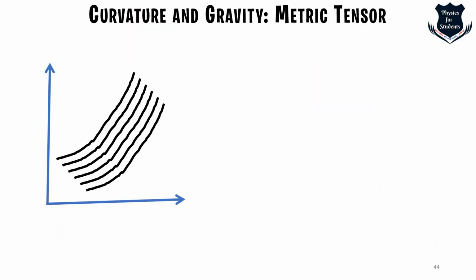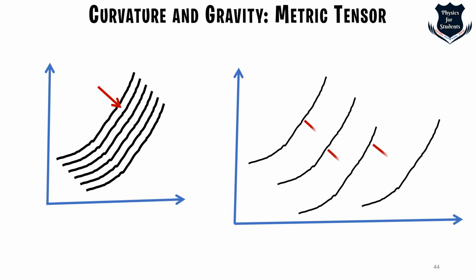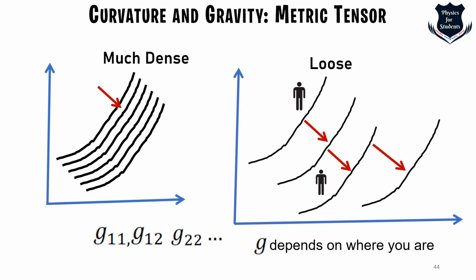Further, you can see that these are the lines or contours on a space-time manifold, and this shows how close or dense they are compared to this, which is quite widespread. So these have lots of gap and distance. This one is much denser, this one is looser. And the metric tensor in some way shows whether we are standing on a loose surface or on a much denser surface.